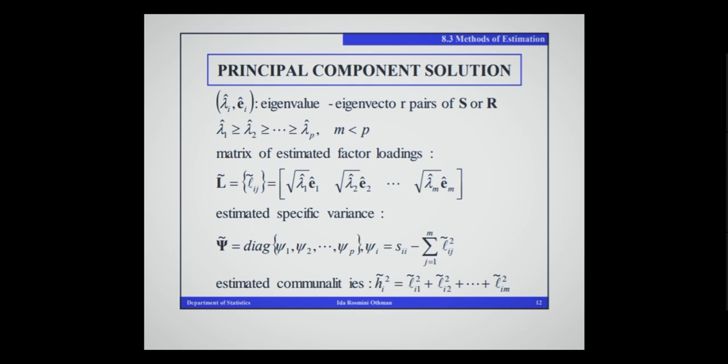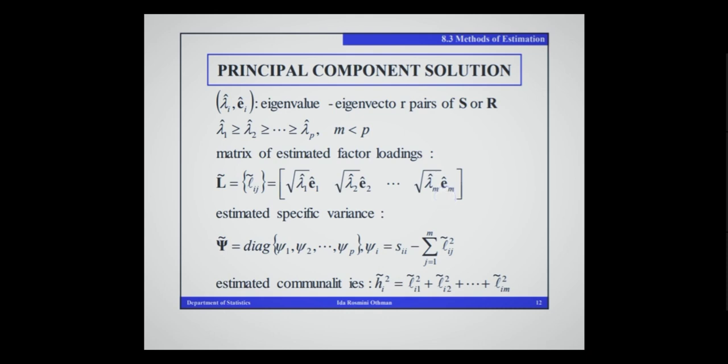Okay, and then the formula for factor loading adalah L notation untuk matrix, dia punya elemen adalah small l_ij. Okay, the matrix adalah square root of lambda_i hat multiply the normalized eigenvector for each of the factor sehingga m factor.